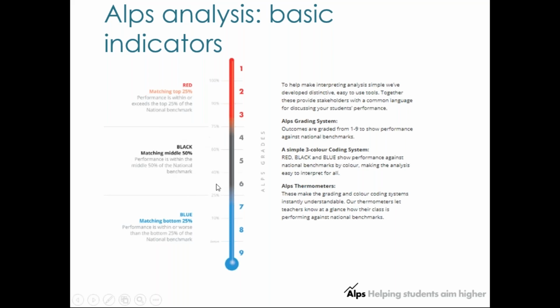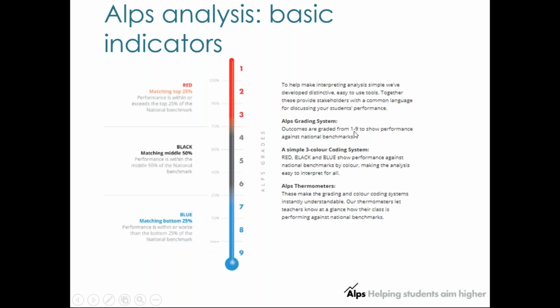50% of the performance from the previous year's data set is in these middle 3 bands. And then if you find yourself blue, that means you match the bottom 25% of performance, either against other schools in the data set, or when you're looking at subject level, against other subjects in the subject data set.